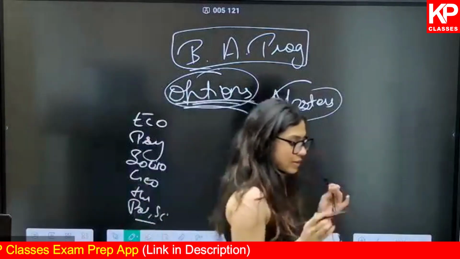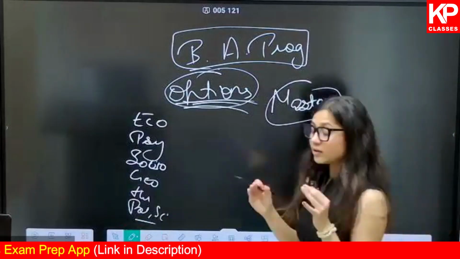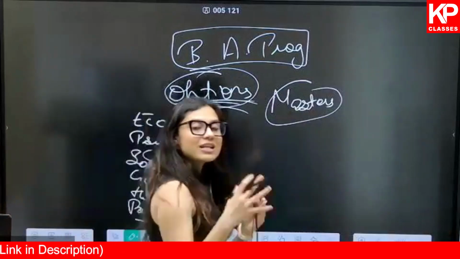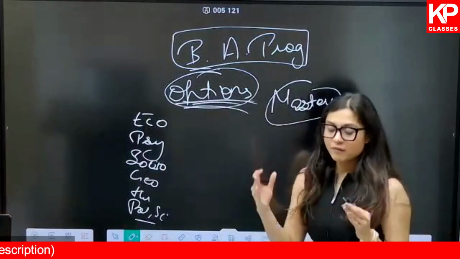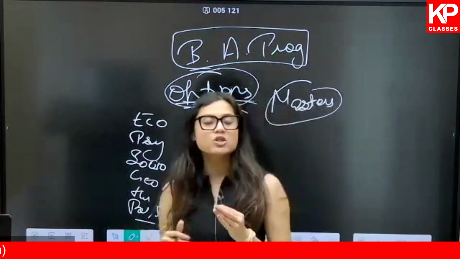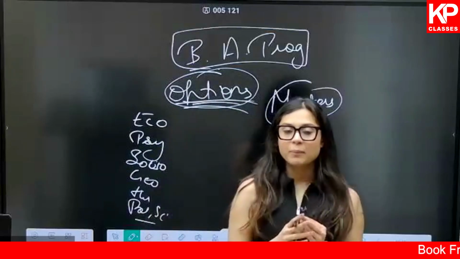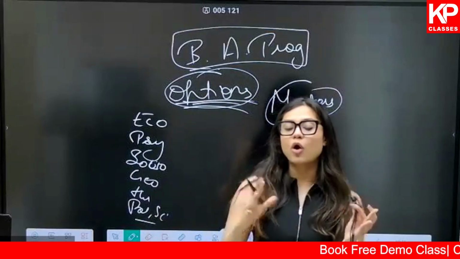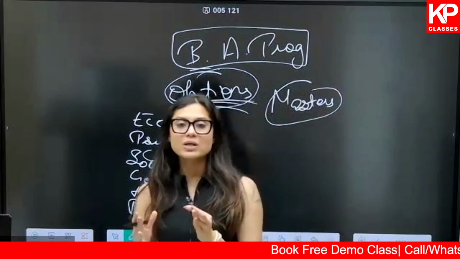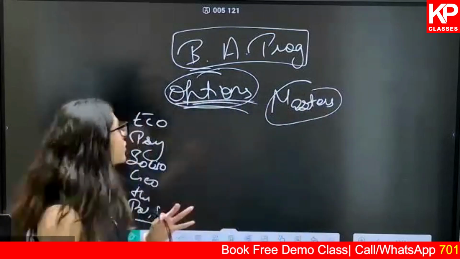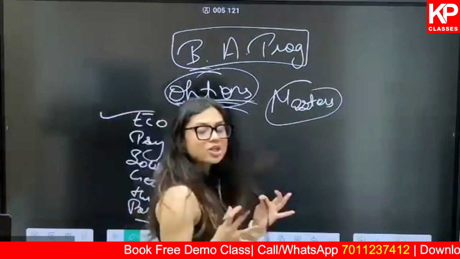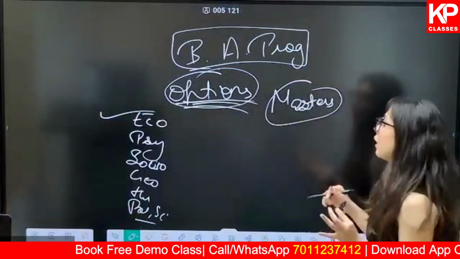Honors do have a larger relevance, but it will compel you to pursue a master's in that specific field. For example, I pursued political science honors. I studied political science for the entire 3 years, so for masters I automatically go into political science. But if I'm pursuing BA program with different combinations, my doors will be open.